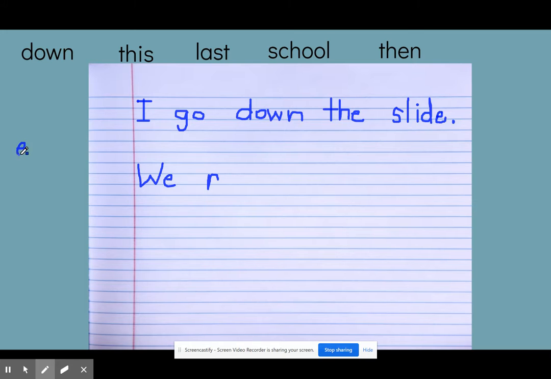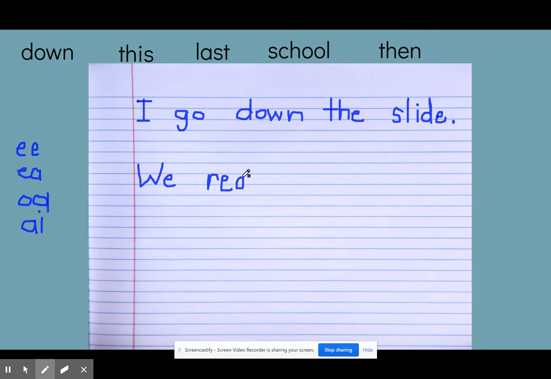We've practiced E, E. We've practiced E, A. We've practiced the vowel team O, A. And we've practiced the vowel team A, I. So I need a vowel team that's going to make the E. E. So I could pick E, or I could pick EA. Either of those make the E sound, and I know just because I've seen the word read many times that I need EA. I need the vowel team EA.